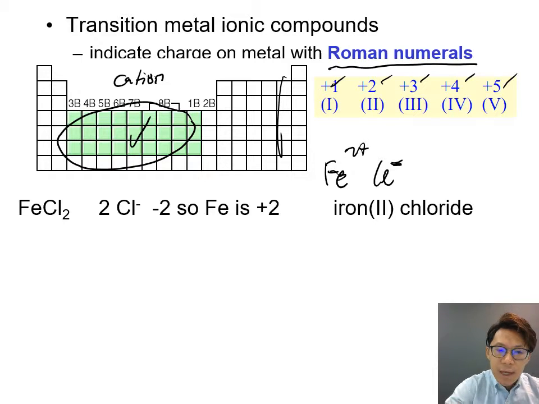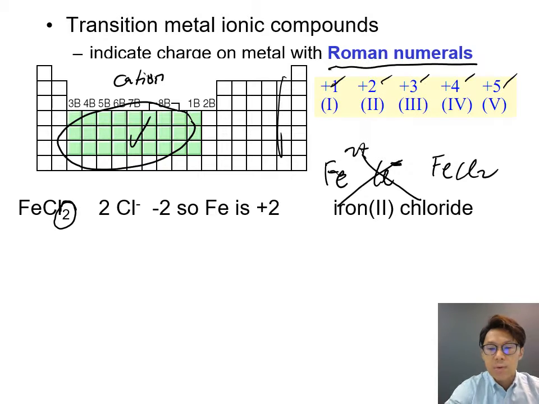Why? Because there's FeCl2 there. The 2 here does not come from chlorine. It comes from iron(II). So it's Fe2+, and with Cl-, we cross over to balance out the charge, and we have FeCl2. So in the naming, you have to put a bracket 2 to indicate the charge 2+.